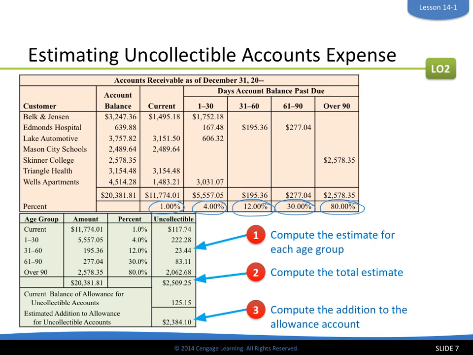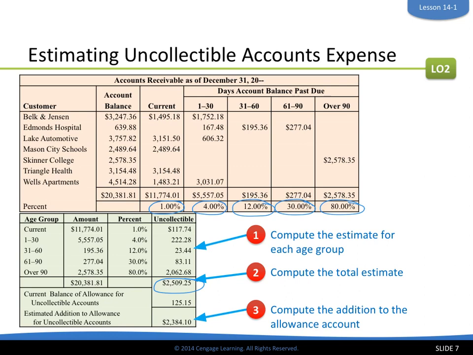Okay, so then to calculate what we think is actually going to be uncollectible, we just take those percentages times whatever the total for that period is. So when we take all of those percentages times the totals, we will end up with $2,509.25 that we believe is not going to be collectible.